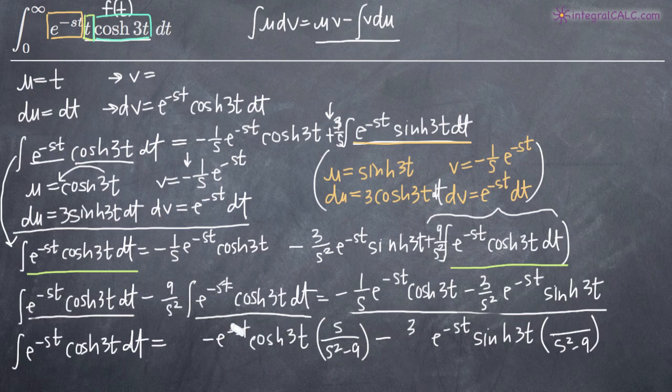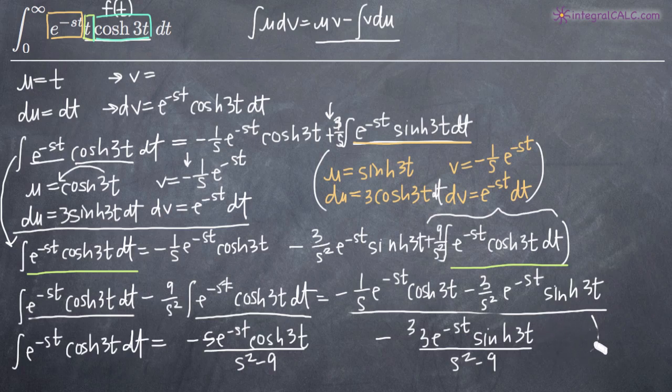So let's make this negative s over s squared minus 9, and then minus 3 over s squared minus 9. We combined those fractions and we duplicated our 3 there.